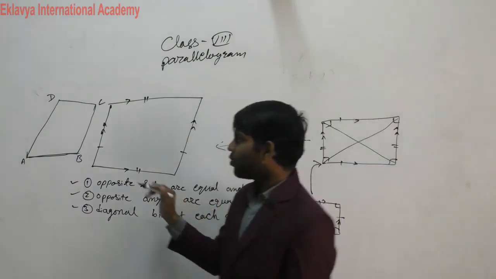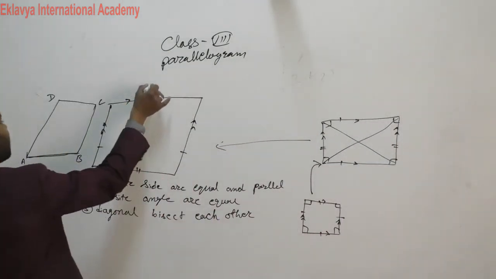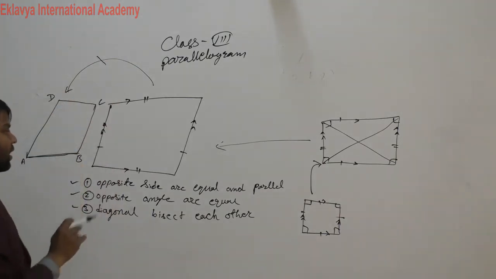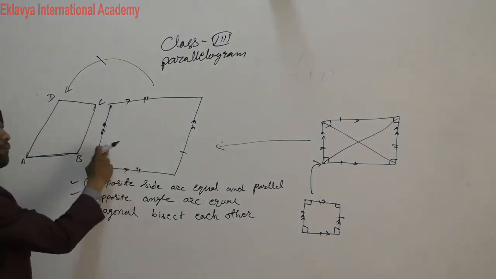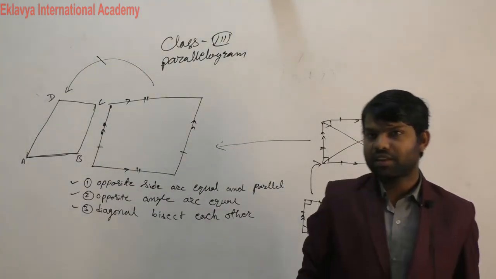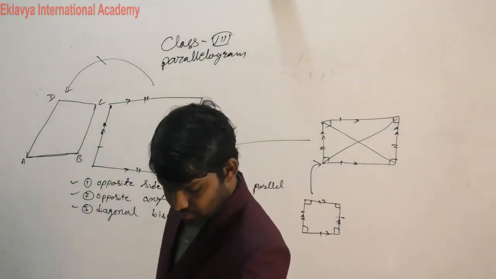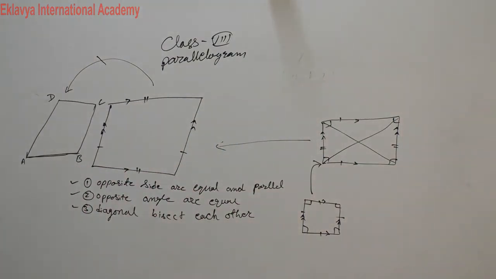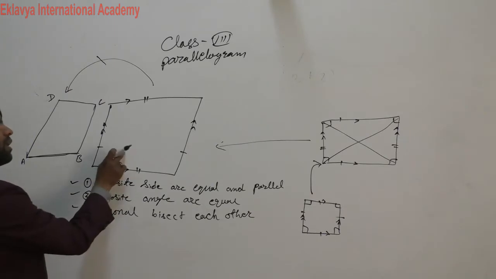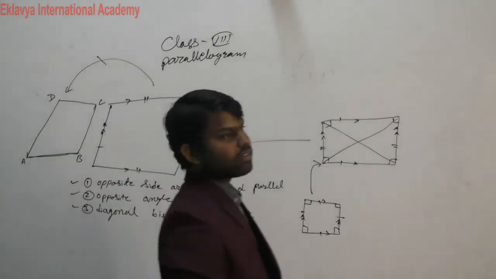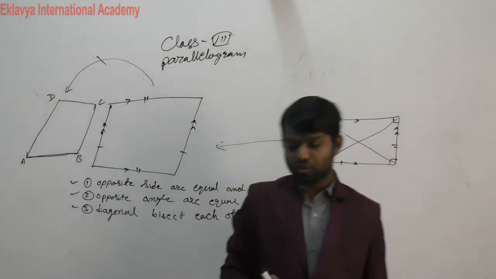But we cannot say that a parallelogram is a rhombus. Why? Because in a parallelogram only opposite sides are equal, but in a rhombus we require that all sides are equal. So in a parallelogram all sides are not equal, so we cannot say a parallelogram is a rhombus.